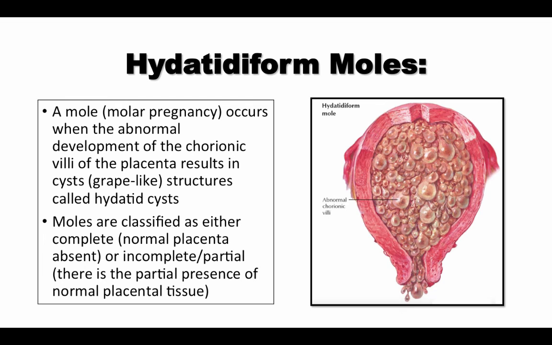With complete moles, you have complete absence of normal placental material, and then in a partial or incomplete mole, you will have a little bit of normal placental tissue, and you might have a little bit of an atrophic fetus as well. But anyways, here on the right, you can see all of the hydatid cysts making up the majority of the Hydatidiform mole within the uterus.